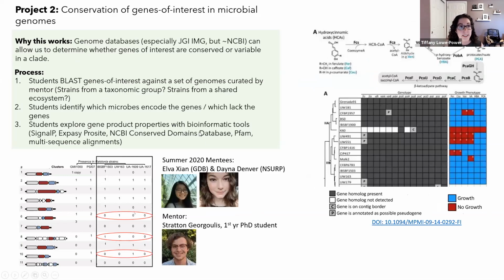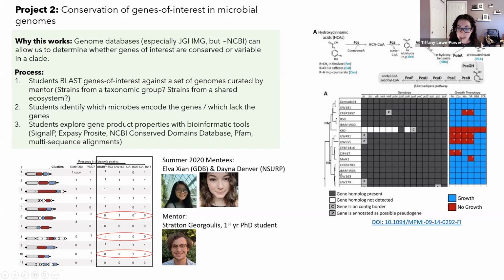A second project is an approach to look at bacterial gene functions. You could also look at fungal gene functions, but I'm a bacteriologist. The goal of this project is to characterize the functional diversity of groups of microbes.